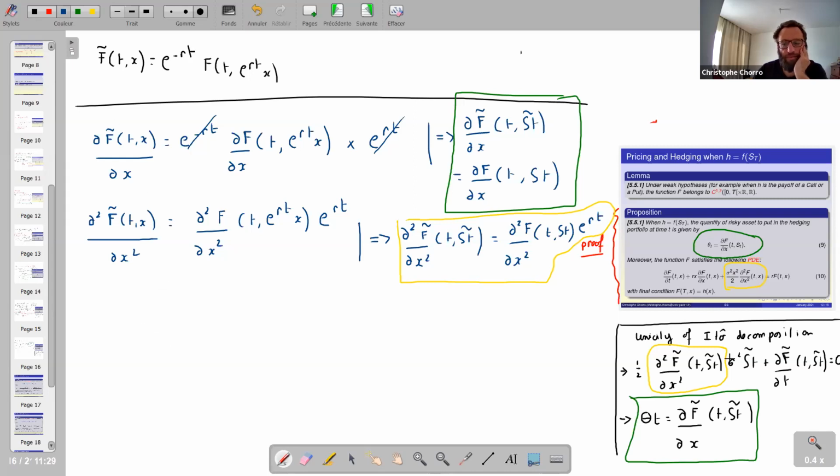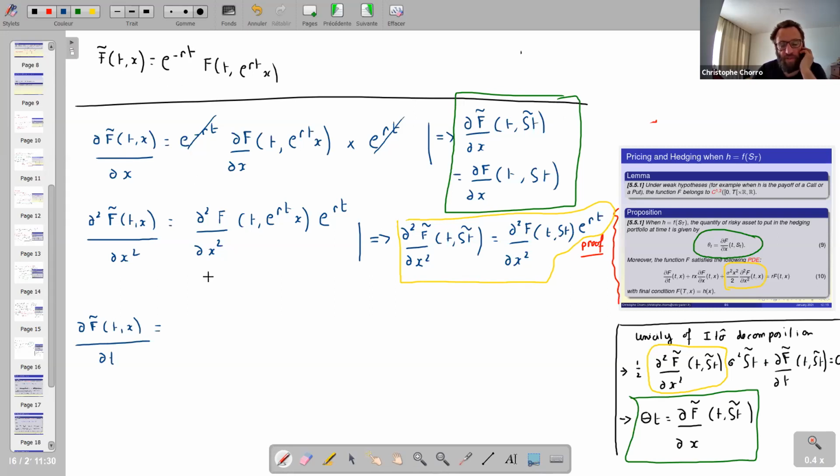Okay. So finally, I have to compute the derivative of f tilde with respect to the time. And here it's a little bit more complicated because you have time here, here, and here. So when I compute d f tilde of t, x with respect to the time, I have first a product u times v.